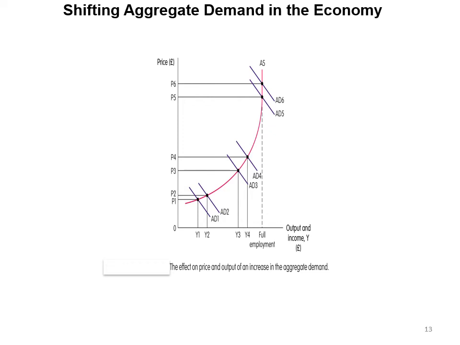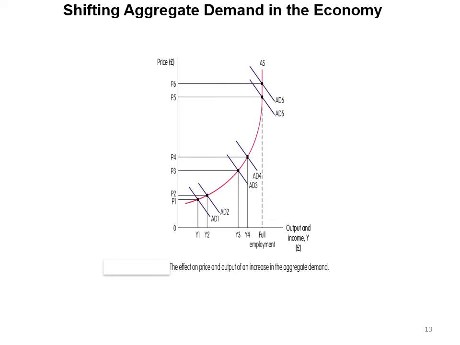So, ladies and gentlemen, here comes the grand finale, the big reveal. Let's see what happens to the economy when we shift aggregate demand given different price elasticities of aggregate supply.